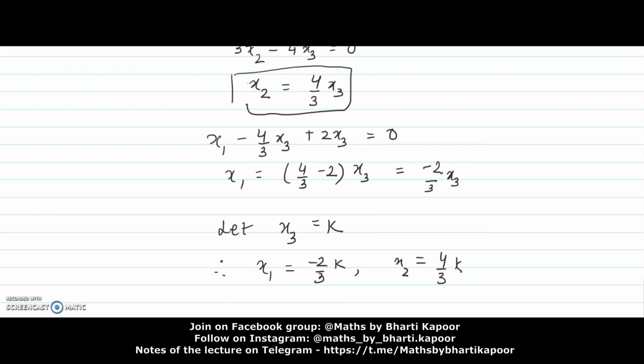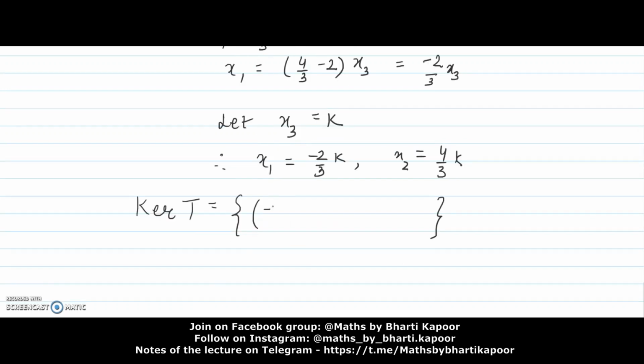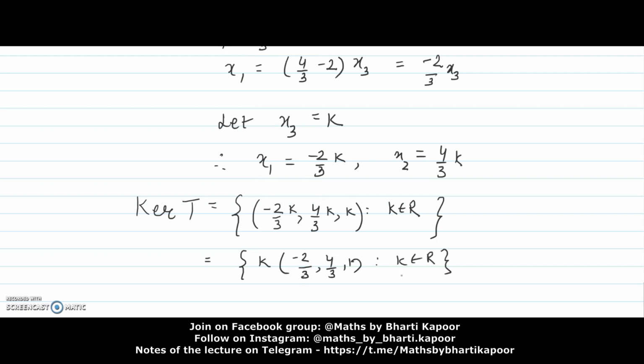So the kernel of T is (minus 2 by 3 k, 4 by 3 k, k), where k is any real number. This can also be written as k times (minus 2 by 3, 4 by 3, 1), where k is any real number. So kernel T is the collection of all multiples of this vector (minus 2 by 3, 4 by 3, 1).